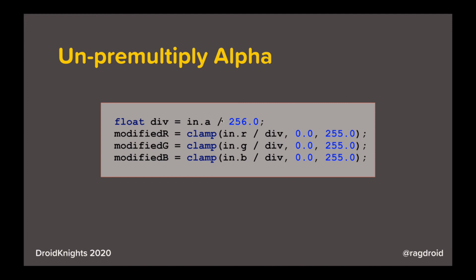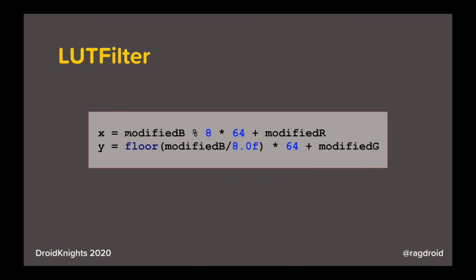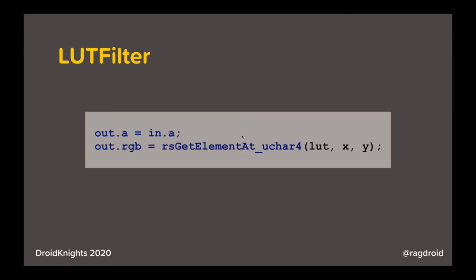We just calculate the value that we need to divide our R value with, using the alpha of the input image, and we do the same thing for the RGB values. So we get our modified RGB values, and now we use these modified RGB values to calculate x and y for our LUT lookup. And once we get this x and y, we do the same thing, we look it up in the LUT table.